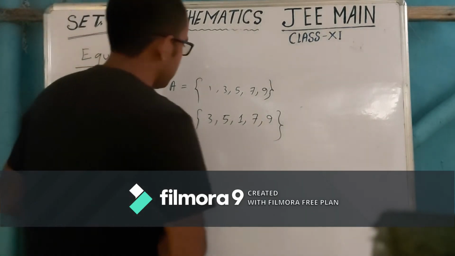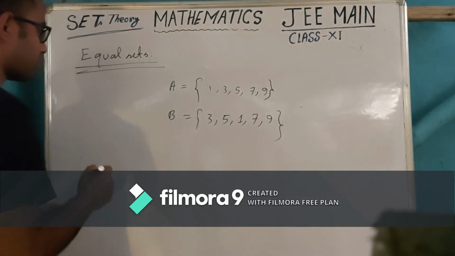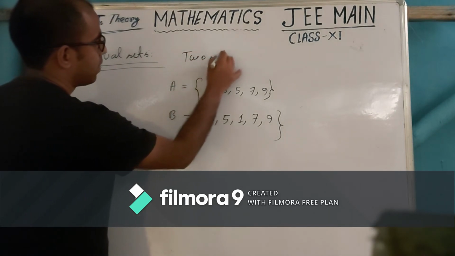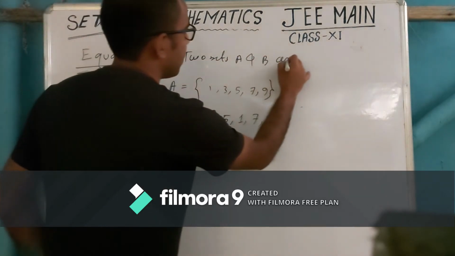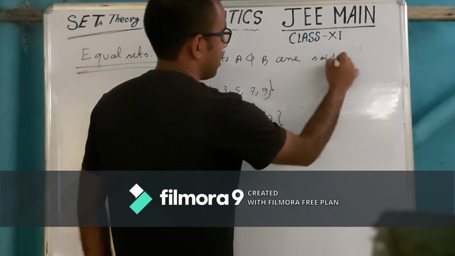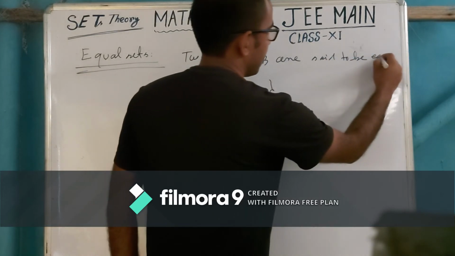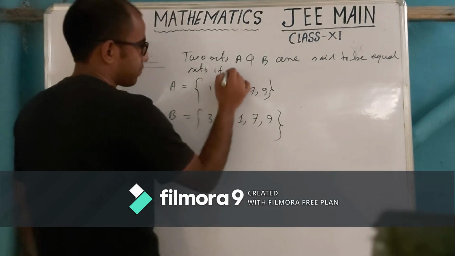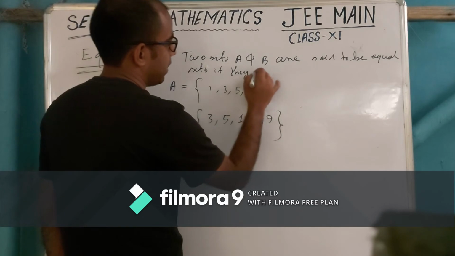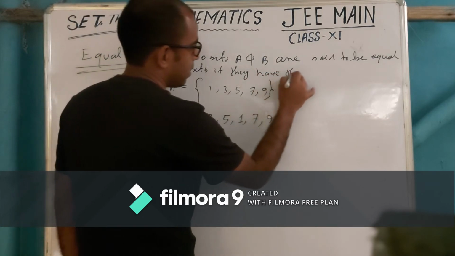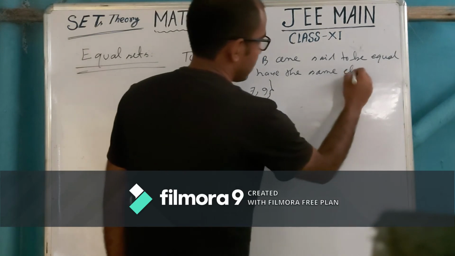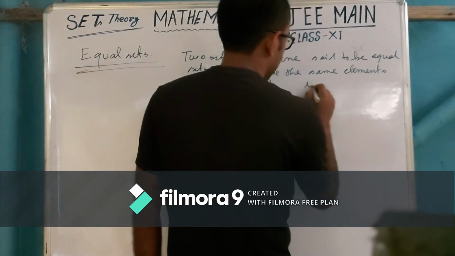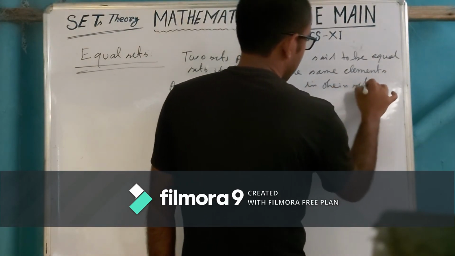So the definition of equal sets: two sets A and B are said to be equal sets if they have the same elements in their sets.